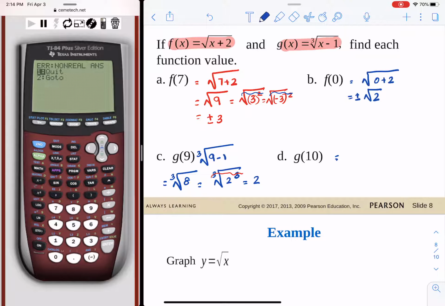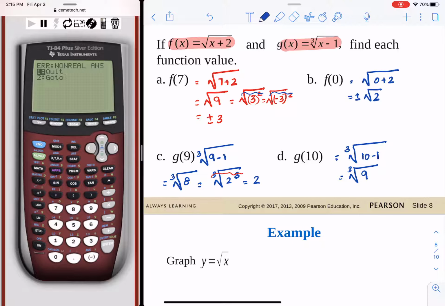And in the next case, we have cube root of 10 minus 1, which is cube root of 9. And we cannot simplify this any further because 9 is not a perfect cube.